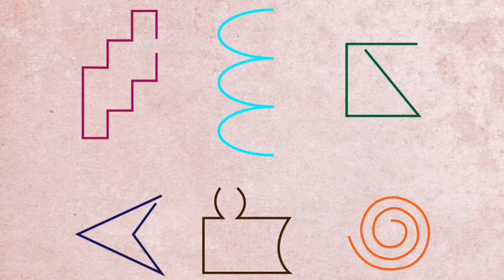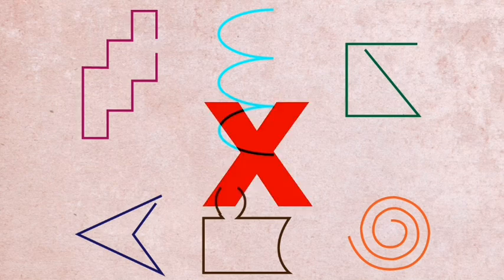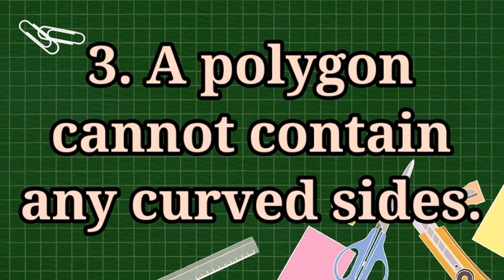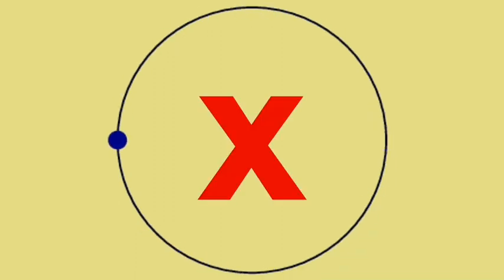These are some examples of open shapes. Their line segments or curves do not meet, so they are not polygons. And lastly, a polygon cannot contain any curved sides. A circle has a curved side, so it is not a polygon.